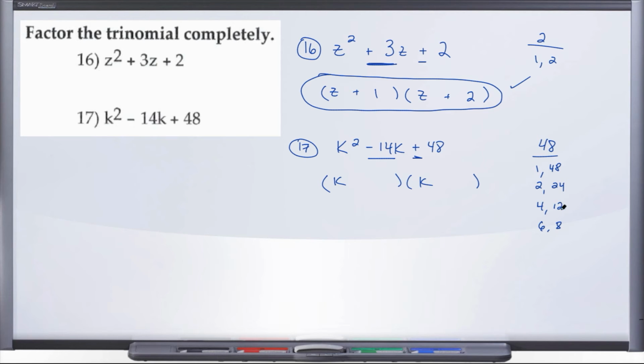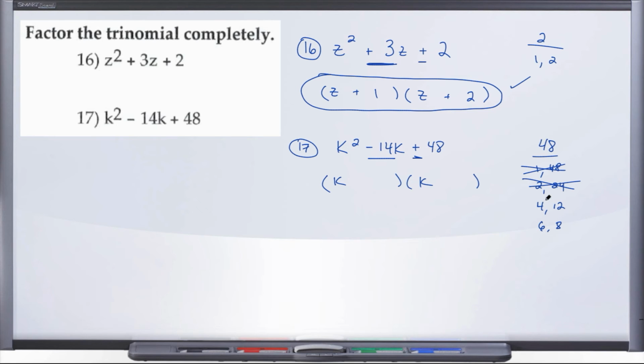All right, so let's go ahead and take a look at these factors here and see if any of these factors can add to negative 14. Well, can we get a 14 from a 1 and a 48? No. Can we add a 2 and a 24 together in some combination to get negative 14? No, I don't think so.